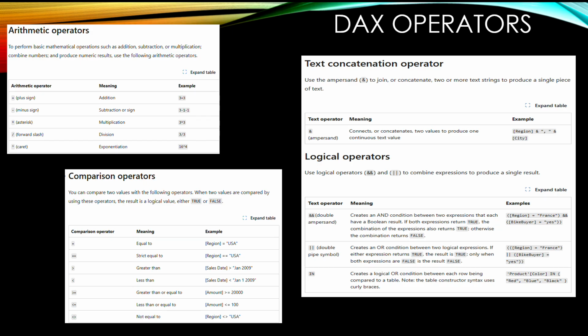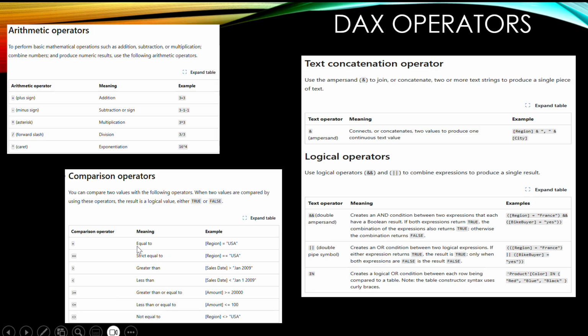Next one is comparison operators. When you want to show equal to, not equal to, greater than or equal to, less than or equal to, or maybe strict equal to, these are the different comparisons we'll be using.